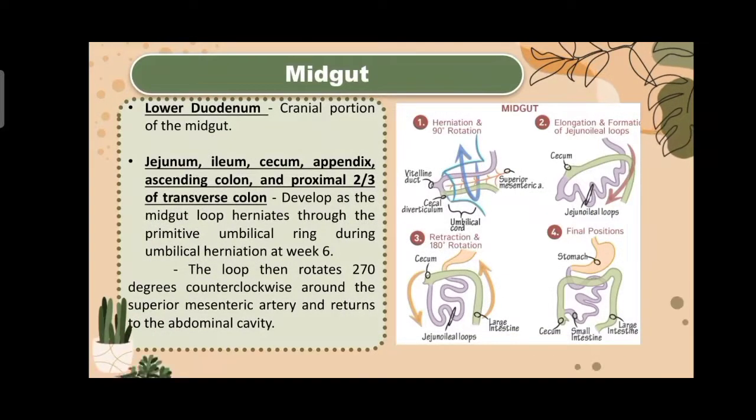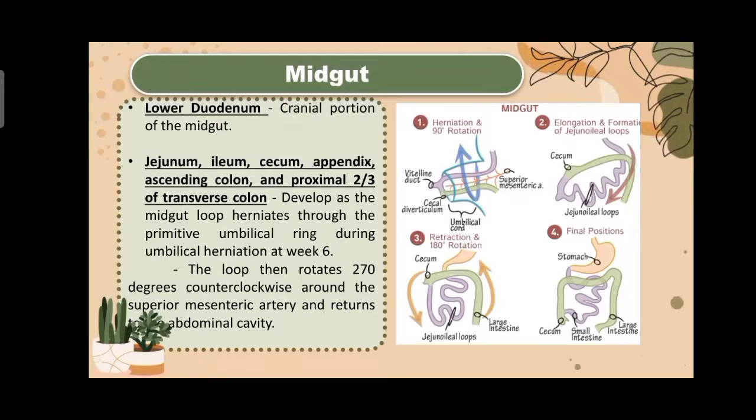The lower duodenum, cranial portion of the midgut, jejunum, ileum, cecum, appendix, ascending colon, and proximal two-thirds of transverse colon develop as the midgut loop herniates through the primitive umbilical ring during umbilical herniation at week 6.